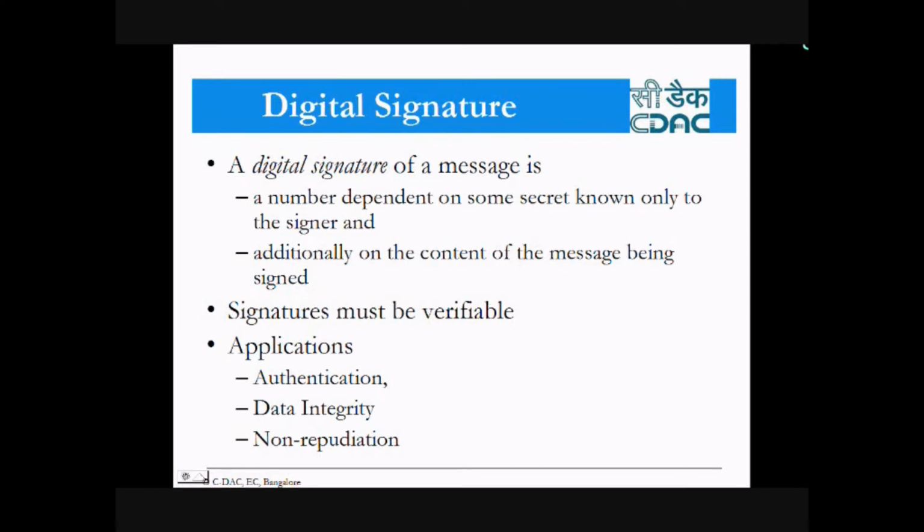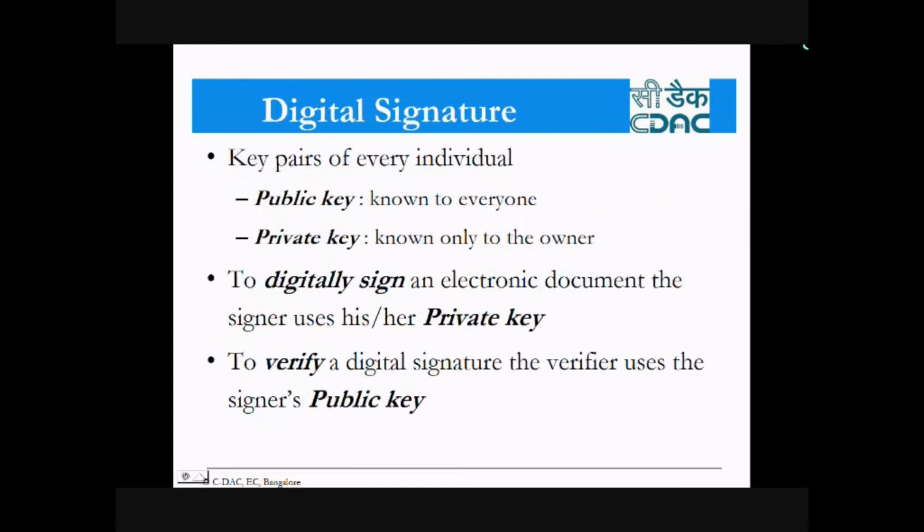Similarly, in the digital or electronic world also, one should be able to verify a digital signature. So how? That we'll see in the next few slides. And applications of a digital signature are authentication, data integrity, non-repudiation.